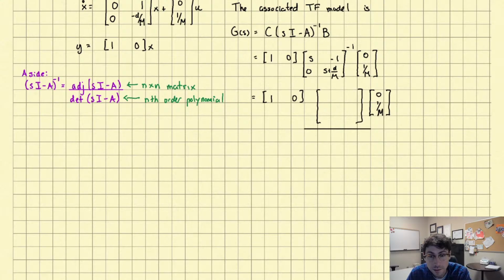The polynomial we get, multiplying the diagonal elements, is s squared plus s times d over m, minus 0, so in this case, 0. So that's s times (s plus d over m). There's my determinant. And the adjoint of a 2 by 2 matrix is really simple: switch the diagonal elements and change the sign on the anti-diagonal elements.